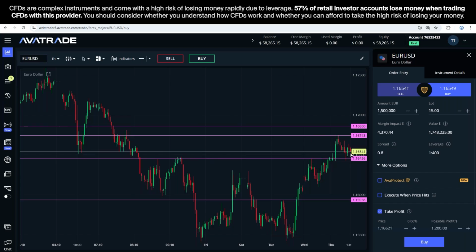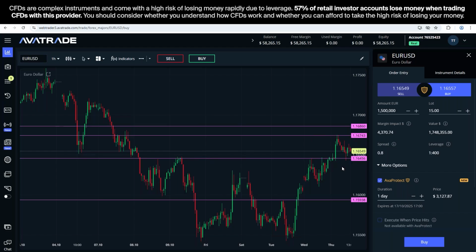So if that's the case, you're not sure if it's the exact right entry point, but you want to enter now, not with a pending order, then AvaProtect is a nice option. Okay, I can protect by the hour, I can protect by the day. So if I think by tomorrow this will be done with this downward movement and then go running up, well, then I can protect for a day and not worry about downward movement.